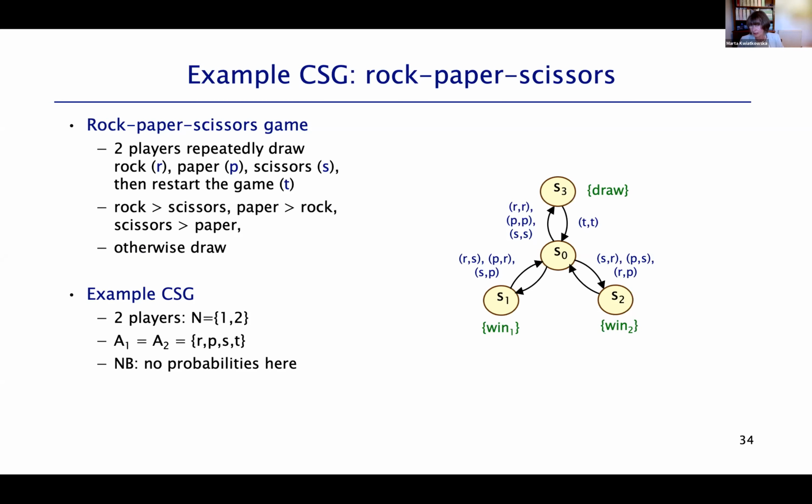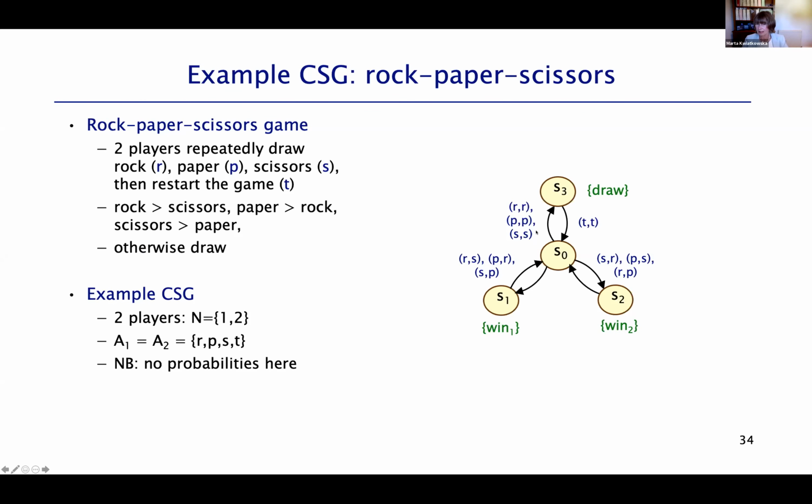Rock, paper, scissors. So rock, paper, scissors is really a kind of an archetypal concurrent game. I have two players and they repeatedly draw between rock, paper, and scissors. So when you come into this state, the players independently choose, and then for that selected pair of actions move to the corresponding states.